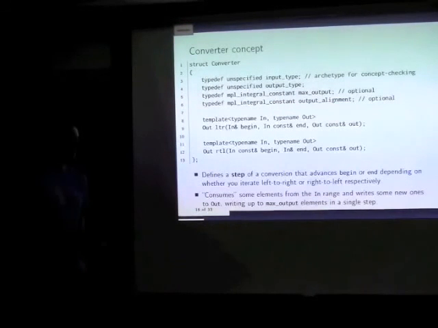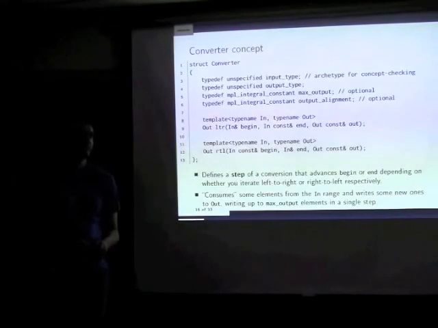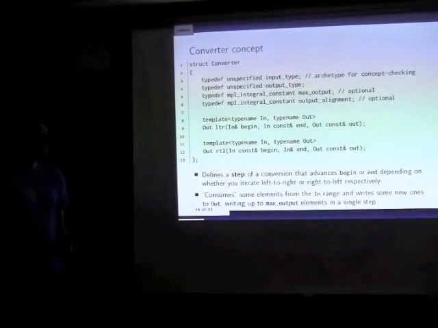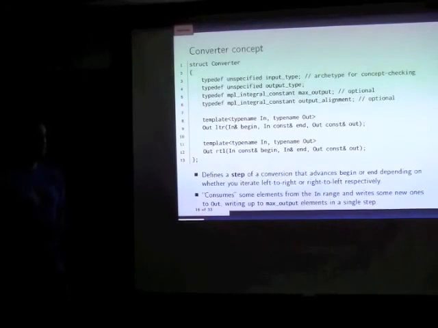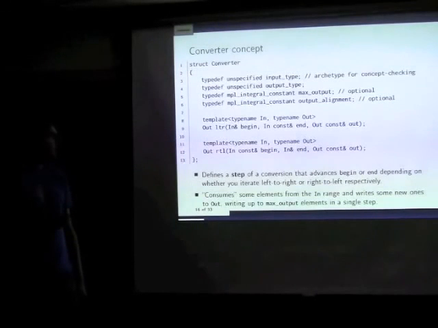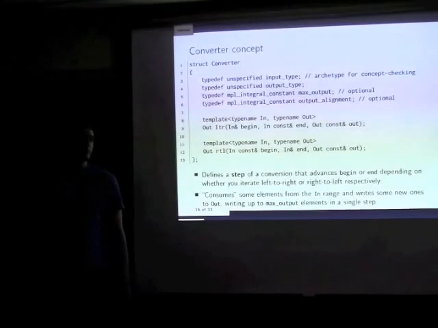This is when you want to extend the system and define a new converter: you define a model of the concept, you don't just define a function. So when you want to define the UTF-8 decoder, you define a converter like this, which takes char as input, gives char32 as output, and max output is 1, so you can consume up to 4 characters and generate 1.